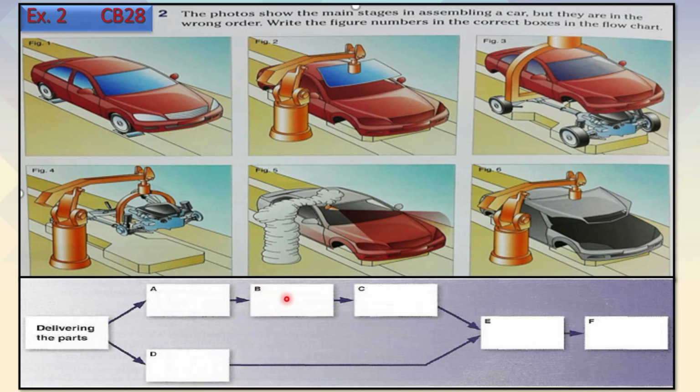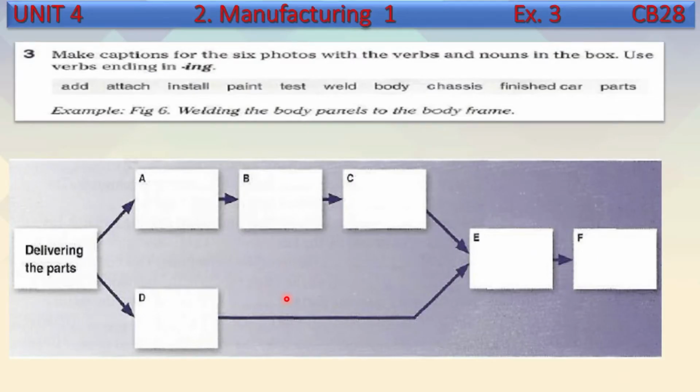Great. Now let's go to the next task on the same page. Exercise 3. Make captions for the 6 photos with the verbs and nouns in the box. Use verbs ending in ing.